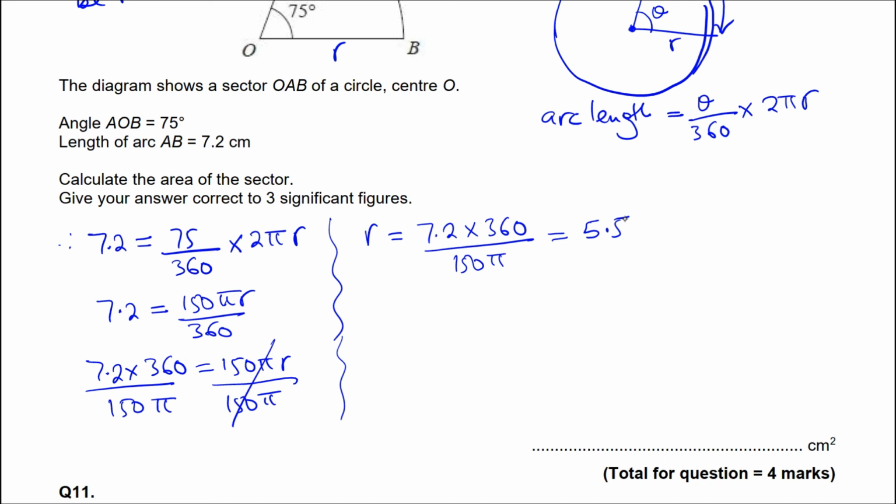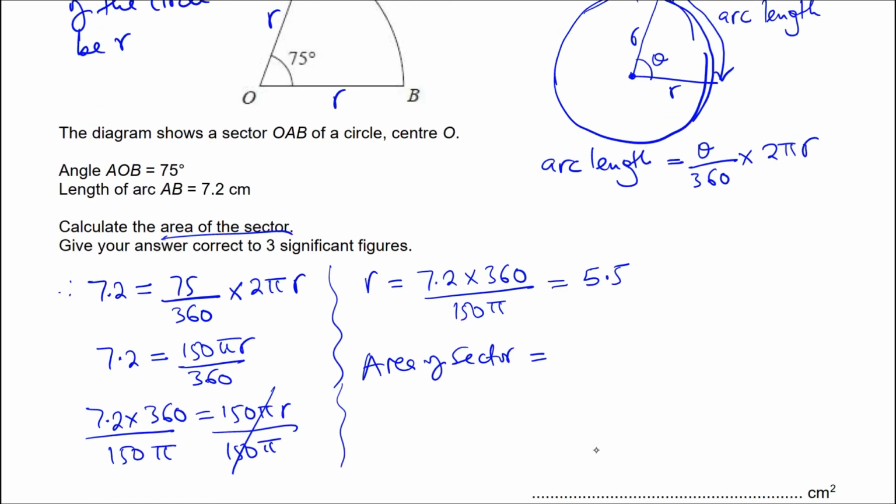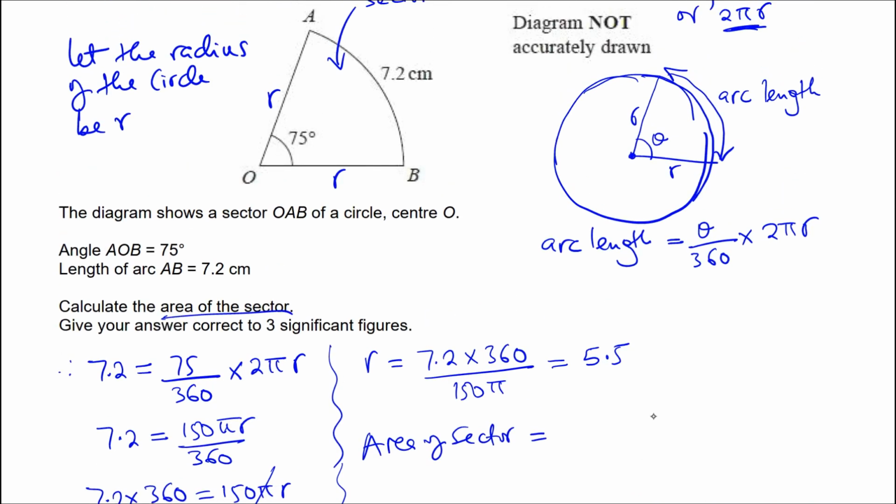Now, because we have the radius, what they want us to find is the area of the sector. The area of the sector will be a fraction of the area of a circle: theta over 360 multiplied by pi r squared.